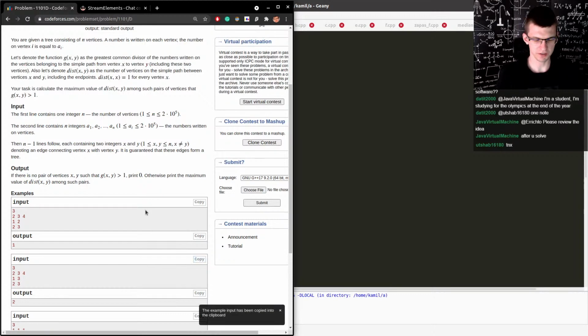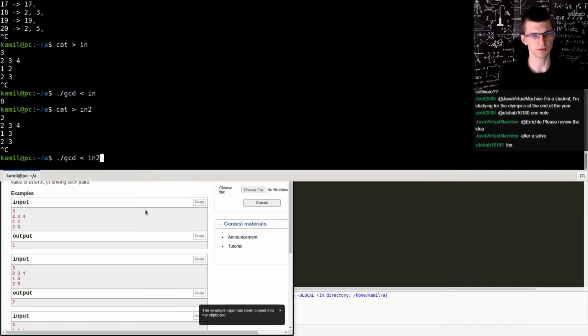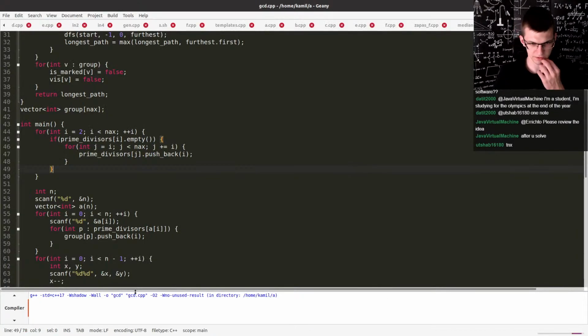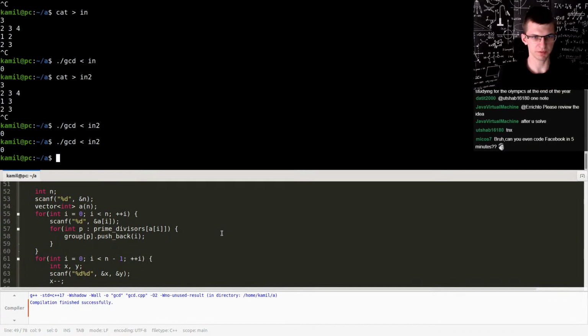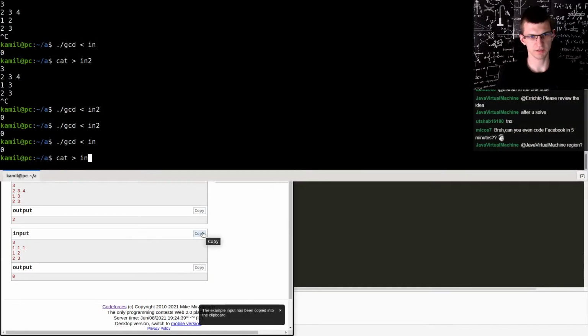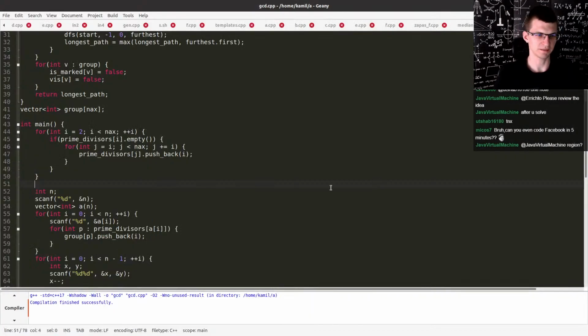But maybe I measure the distance in the number of edges, so maybe I should add 1 at the end to the answer. It's slow, by the way, because of primesieve and because of how I compiled. Now it will be faster. Here we go. It keeps giving us 0. That's bad. Yeah, that's very bad.